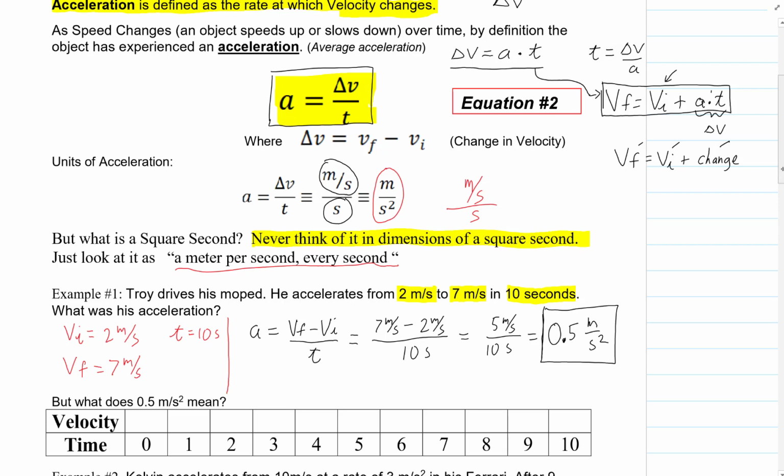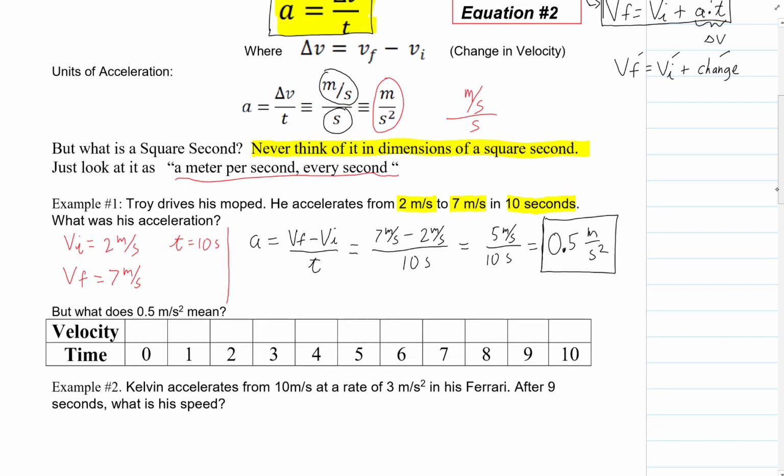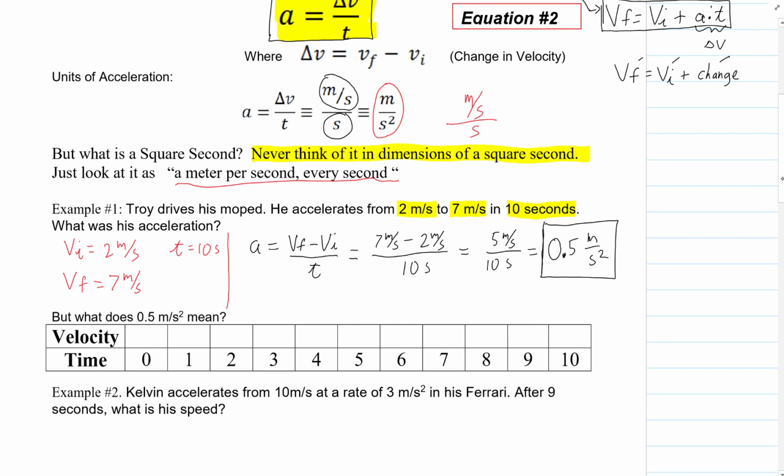But here, let's try to understand what that 0.5 meters per second squared as an acceleration means. This is part of the question. What does 0.5 meters per second squared mean?